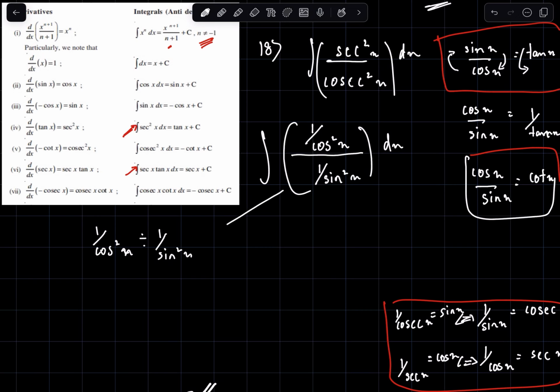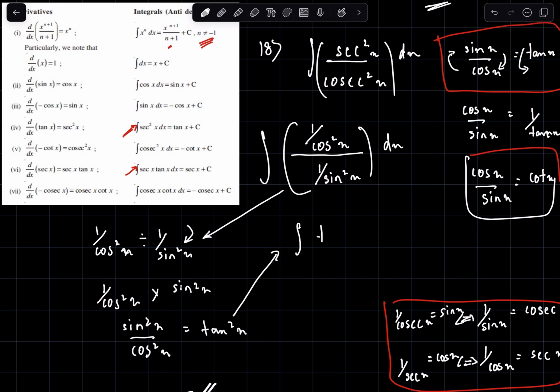Remember, when you divide two fractions, you take the inverse of the second and multiply. So this becomes 1 over cos square x times the inverse, which is sine square x by 1. This is sine square x divided by cos square x, which is equal to tan square x. So this becomes the integral of tan square x dx.